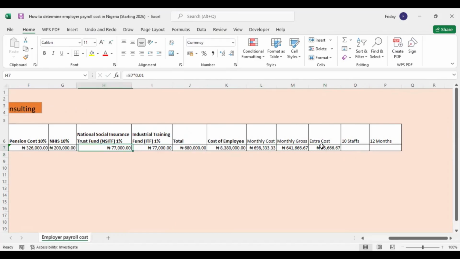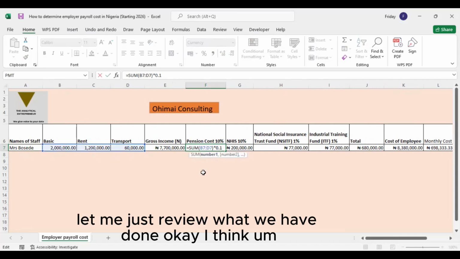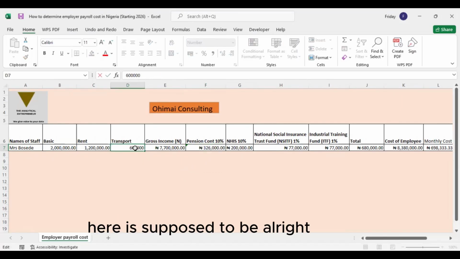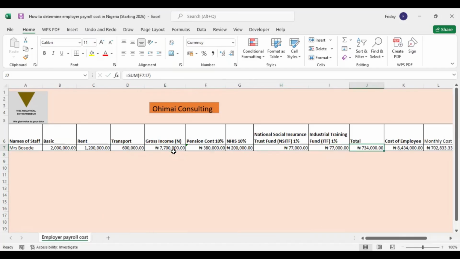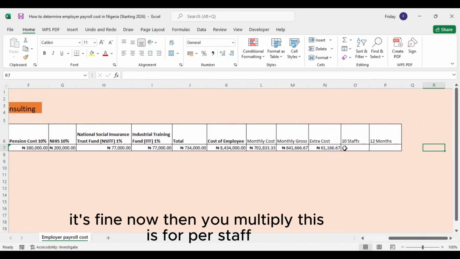Beautiful. Let me check this summation. We just review what we have done. It's supposed to be 600,000, not 60,000. Okay, it's fine now. Then you multiply this per staff.